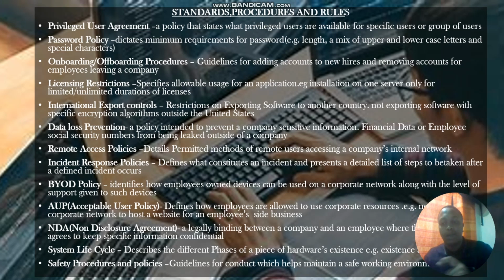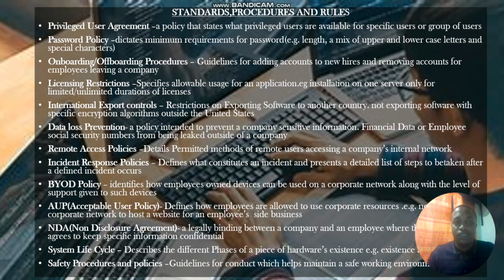Okay, you could have an admin in the finance section, an admin in HR, an admin in the accounting section. So all these privileged users must be noted somewhere in a privileged user agreement.